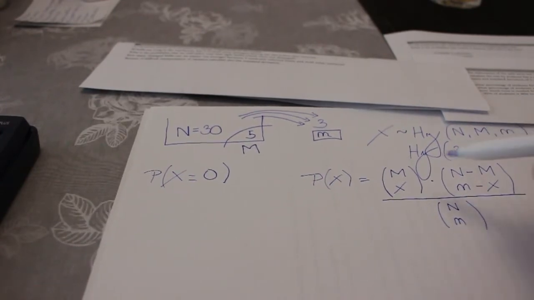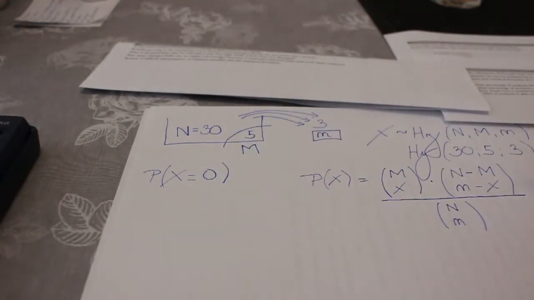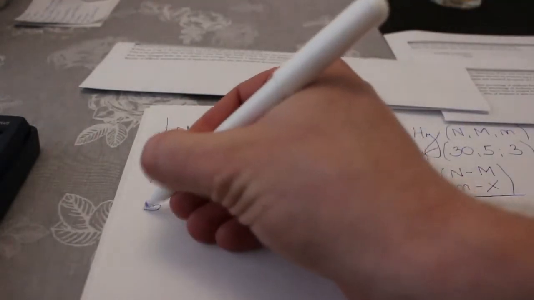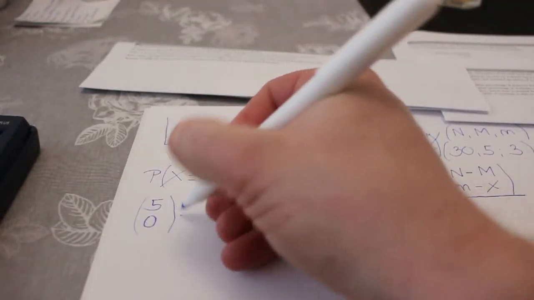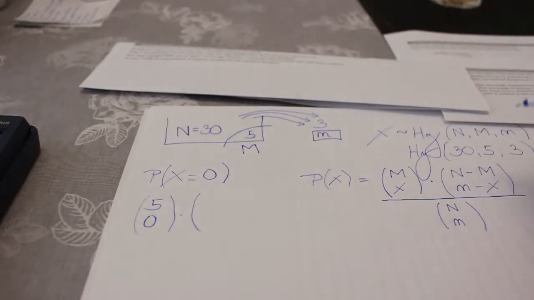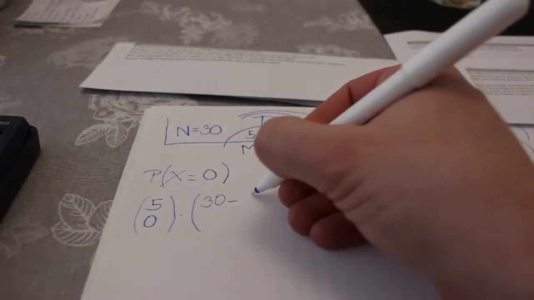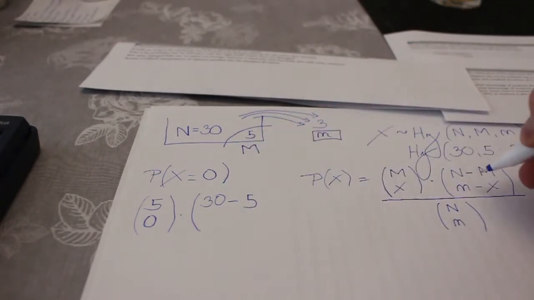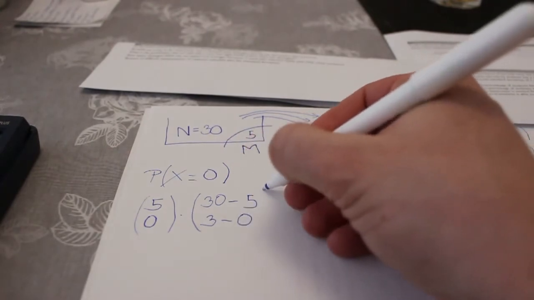So I will use this probability function and I will calculate this. So 5 above 0, times 30 minus 5 above 3 minus 0.